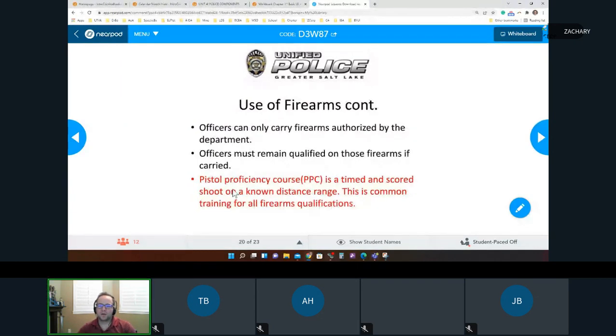There is also a pistol proficiency course, which is what they were working on when we watched the training video. They have to shoot at certain distances and range, and they have to qualify on a very regular basis in order to maintain the ability to carry a firearm.